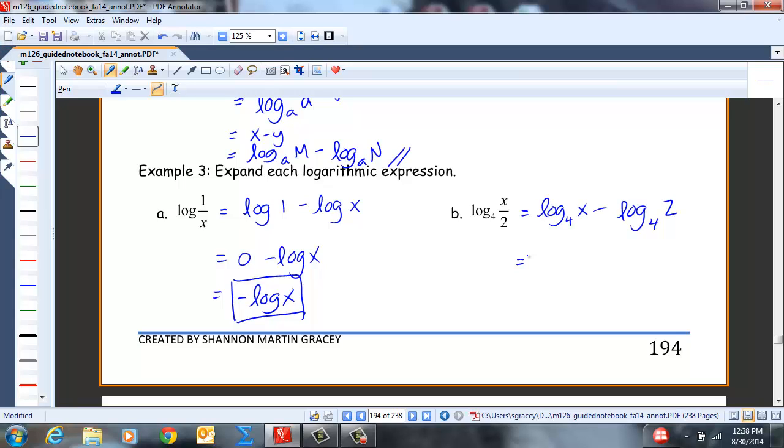So the power to which we raise 4 to get 2 is 1/2. Typically, notation-wise, we'll bring that negative 1/2 to the front so that you know it's not in the log. If I had meant to write log of x minus 1/2, I would have had parentheses around the x minus 1/2.